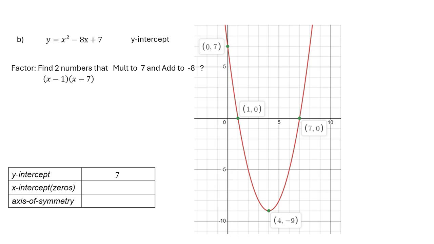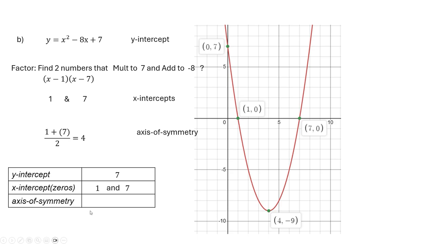So if our factored form is x minus 1 times x minus 7, then our x-intercepts are positive 1 and positive 7. To calculate the axis of symmetry, we simply add 1 plus 7 and divide by 2, and that gives us a value of 4.